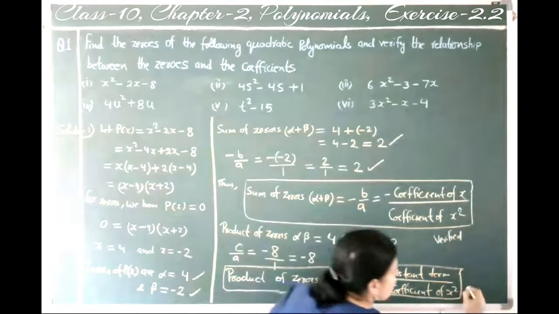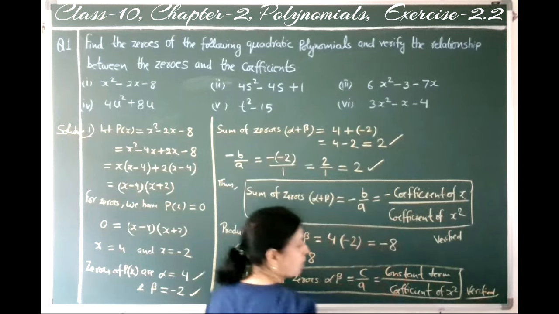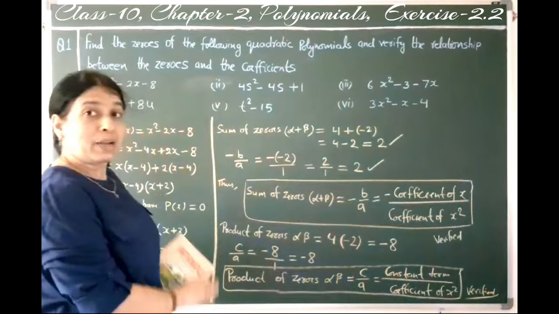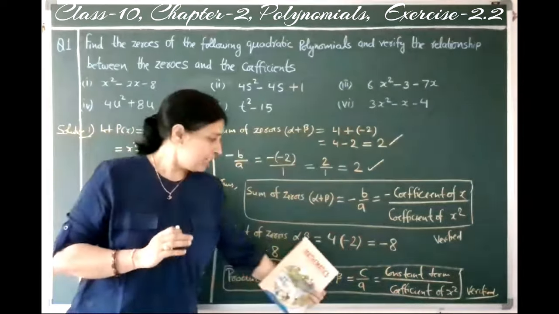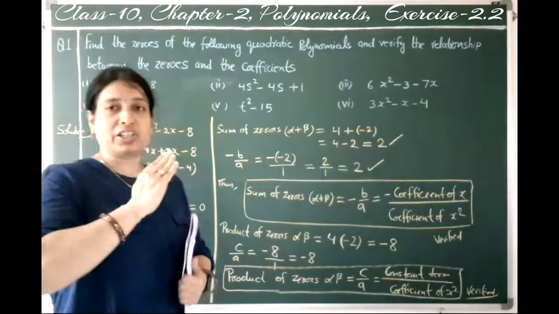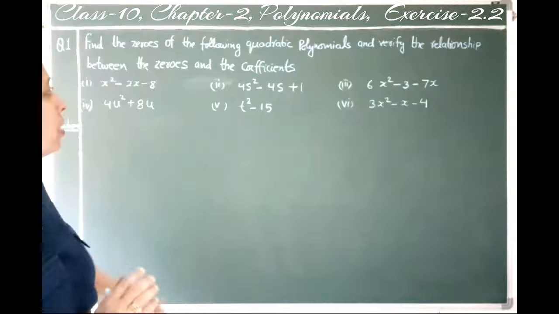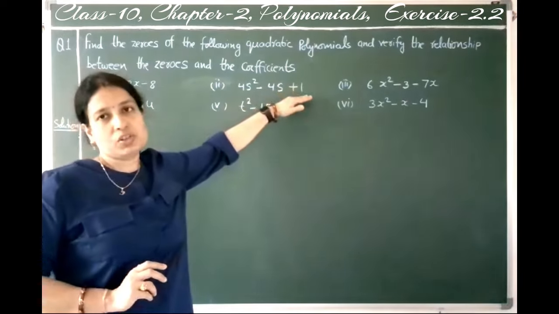So this one is verified. So here you can see that product of zeros alpha beta is equal to c by a, constant term divided by coefficient of x square. So this is verified. And next one is 4s square minus 4s plus 1.